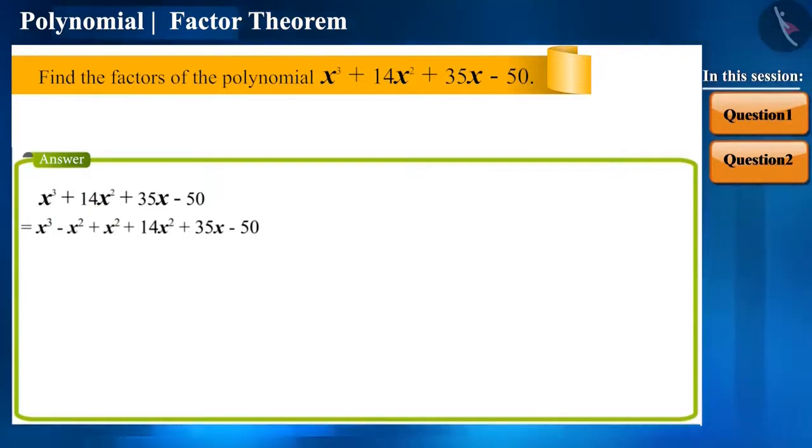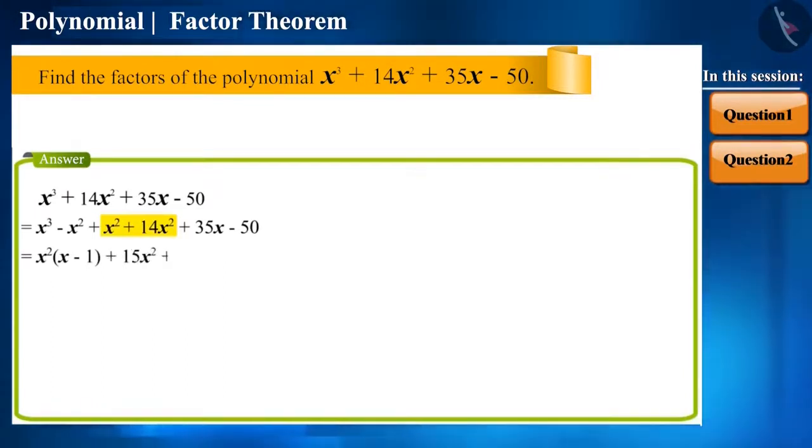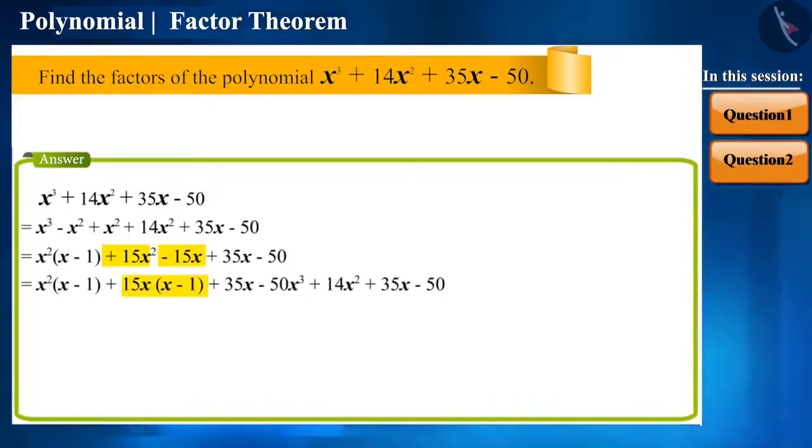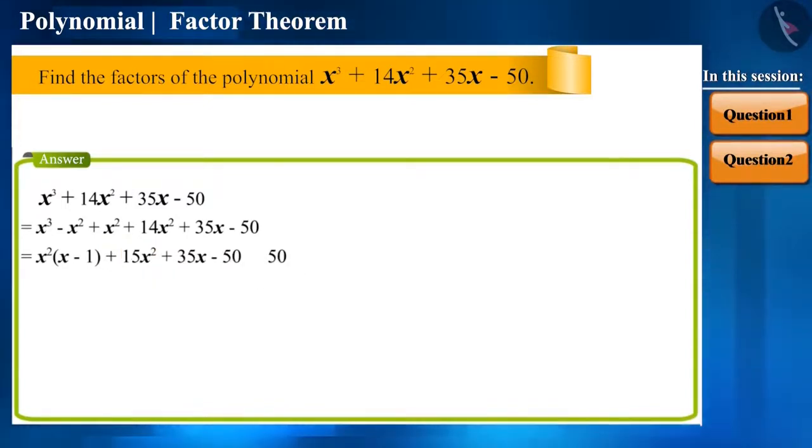If you take x square common from the first two terms, you will get x square of x minus 1. The remaining x square plus 14x square will become 15x square plus 35x minus 50. Now we can perform the same with 15x square. Here, if the first term was minus 15x, then by taking 15x common, we could write like this 15x of x minus 1.